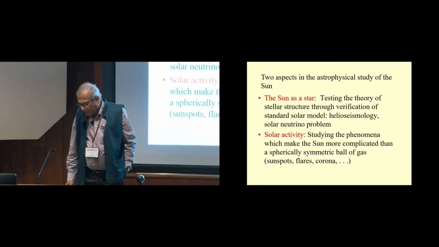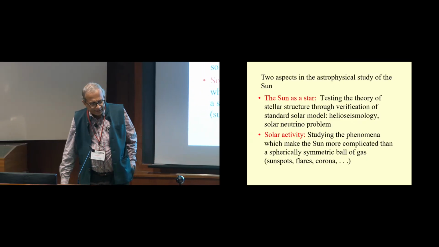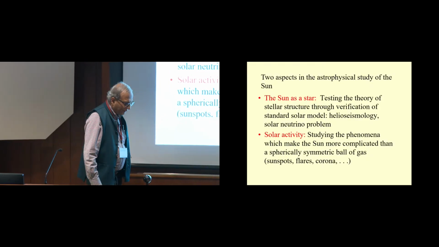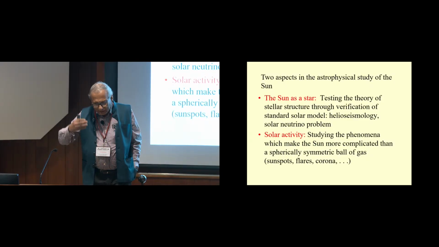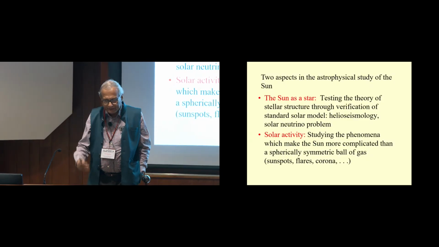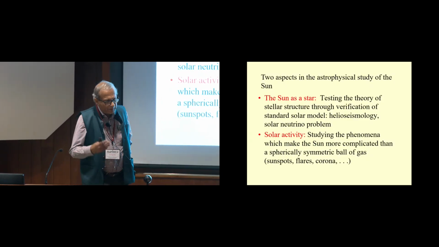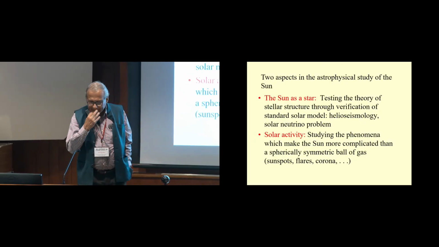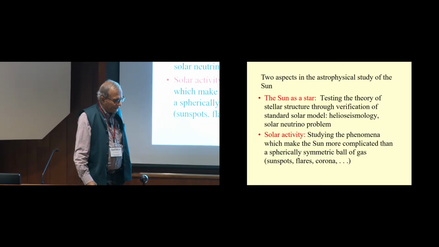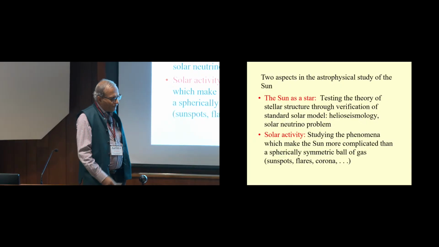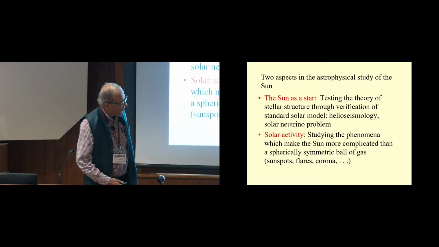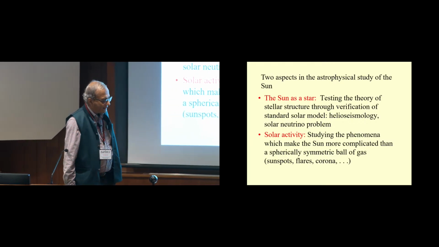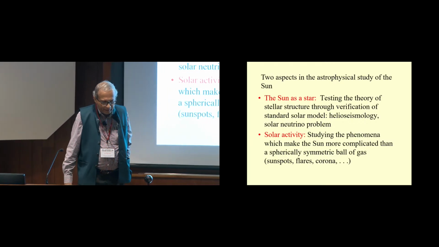Now physics and astrophysics are experimental sciences. So when we develop some theory, we would always like to experimentally verify that theory. Is it possible to experimentally verify the stellar structure theory? If we solve the equations for a star of 1 solar mass, what we get is known as the standard solar model.